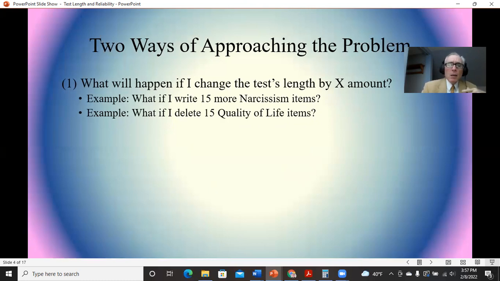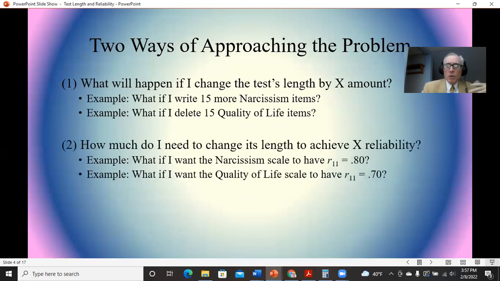The second possible approach, which in some ways is a better one, in my opinion, is to ask how much change is needed in order to get where I want to be, in order to achieve the level of reliability that I desire or am willing to accept. So suppose I want my narcissism scale to have reliability of at least 0.8, and I consider that to be a threshold perhaps for clinical usage.